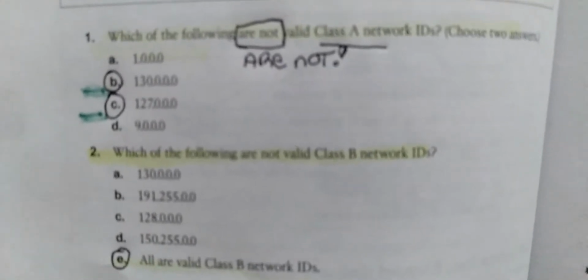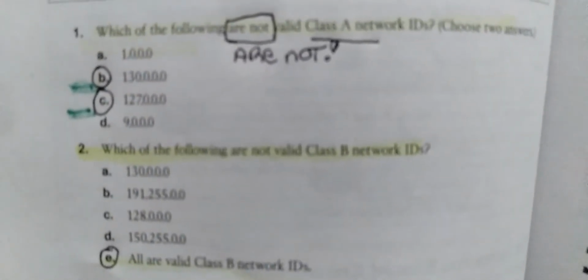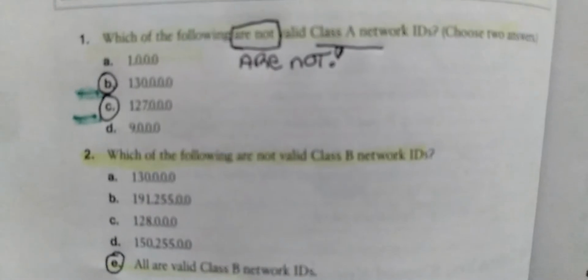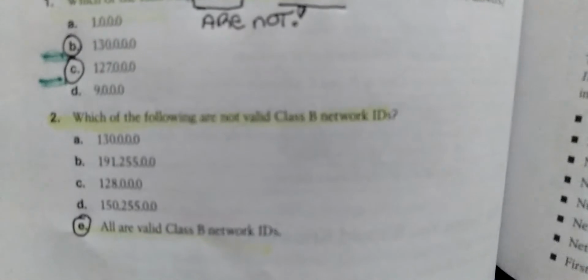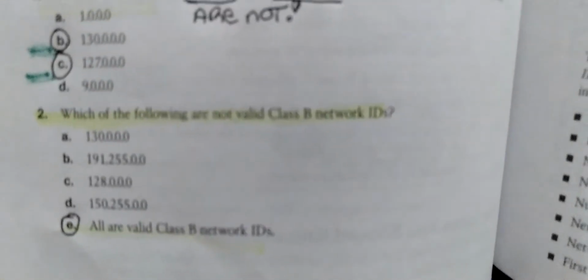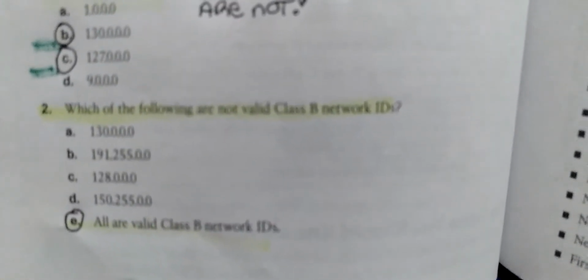Well, actually it is classful, but it's reserved for loopback addresses for testing. And number 2 is, which of the following are not valid Class B network IDs? And as you can see, all of these are valid Class B networks.